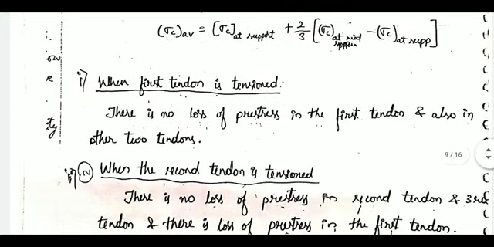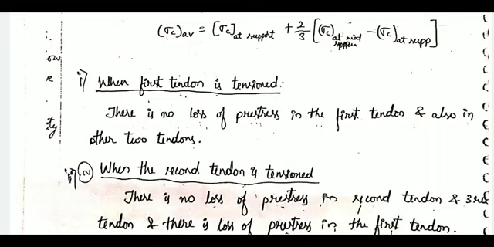Now, as in case of the previous problem, when you tension first tendon, you are applying the tensile stress and you have not at all touched second and third cable, so there is no loss in any of the cables. So when first cable is tensioned, there is no loss. Then come to second cable.